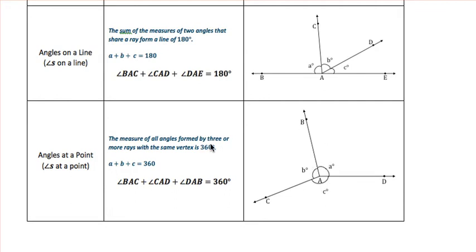So the measure of all angles formed by three or more rays with the same vertex is 360 degrees. But that is simply because it creates a full circle. So in this case, the measure of angle A plus B plus C equals 360 degrees. And they've notated it correctly as BAC, CAD, and DAB.